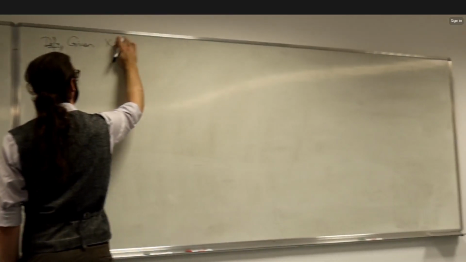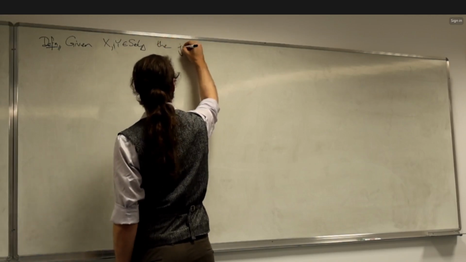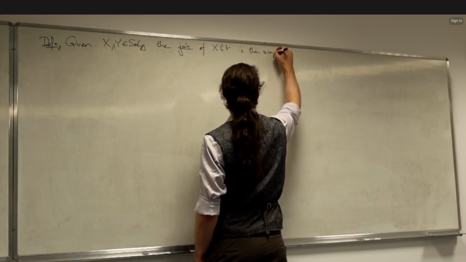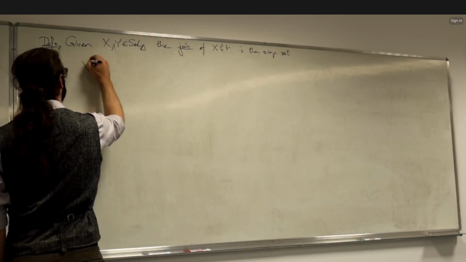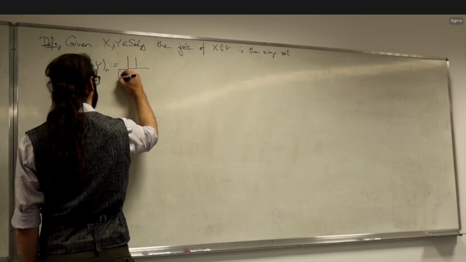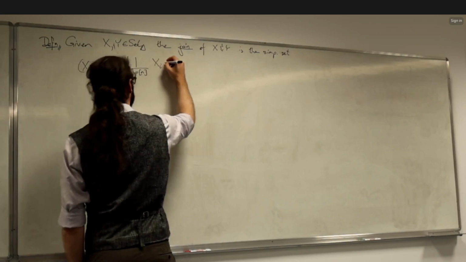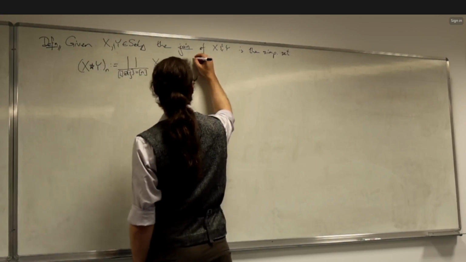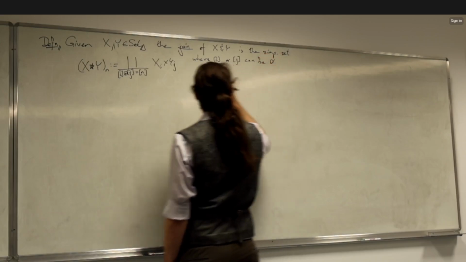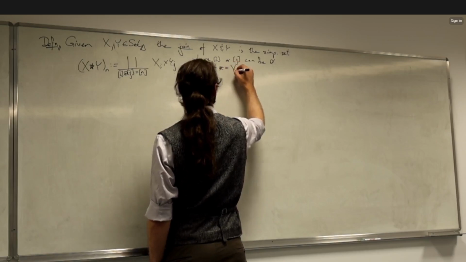Given X and Y, any simplicial sets, the join of X and Y is the simplicial set X star Y that has n simplices defined to be the coproduct, disjoint union, over i plus j equal to n of X_i times Y_j, where i or j can be the empty set, and by convention, X_empty is the point, as is Y_empty.